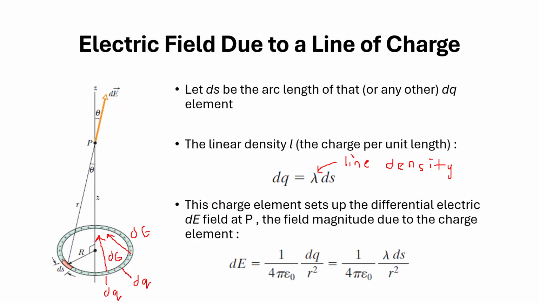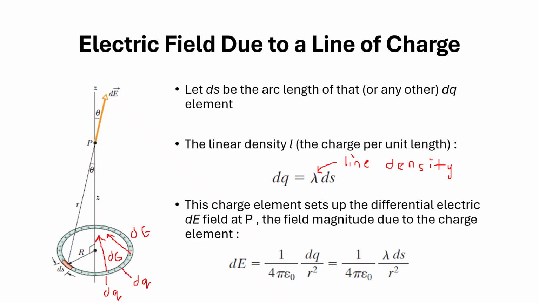So the differential electric field is given by the equation 1 over 4 pi epsilon naught dq over r square, which equals 1 over 4 pi epsilon naught, the permittivity of free space, times the charge density times the arc length over r square. What is r square?